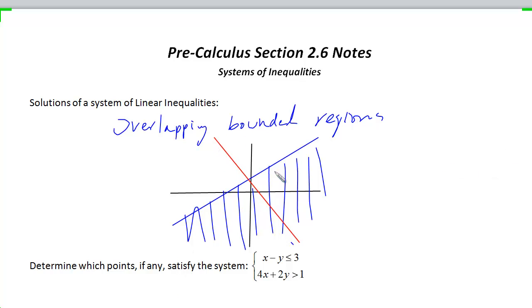This one perhaps is shaded above. Then the solution to this is the overlapping region. So any point that falls in here or on these two lines. Now again, you have to be cautious of your signs, because if it is not equal to, these are dashed lines and do not include the values.